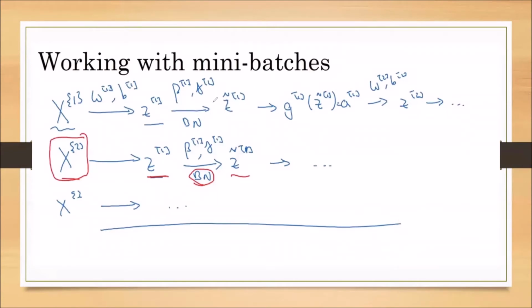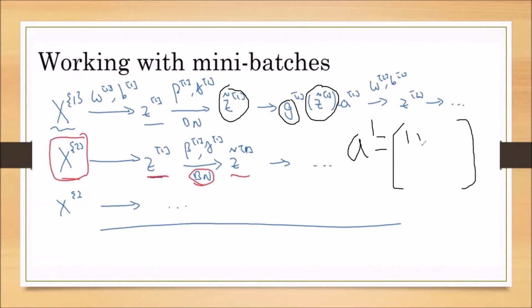We use this R by 1,000 normalized Z matrix to find the activation function's output. We take the activation function G, which may be sigmoid or tanh or rectified linear unit, whatever it may be. We give the normalized Z values, the R by 1,000 matrix, and the output is A superscript 1, which is also R by 1,000.